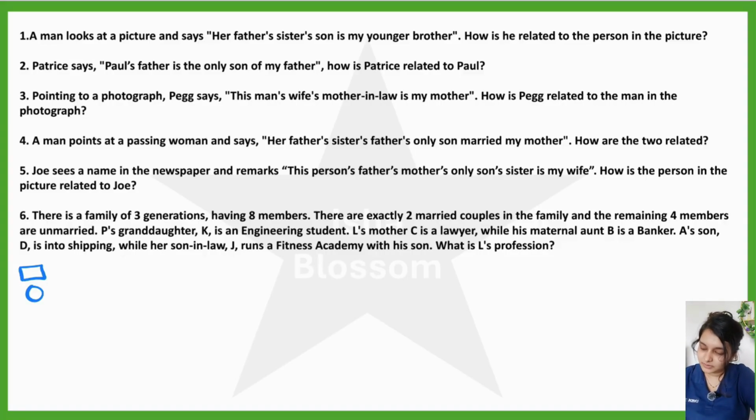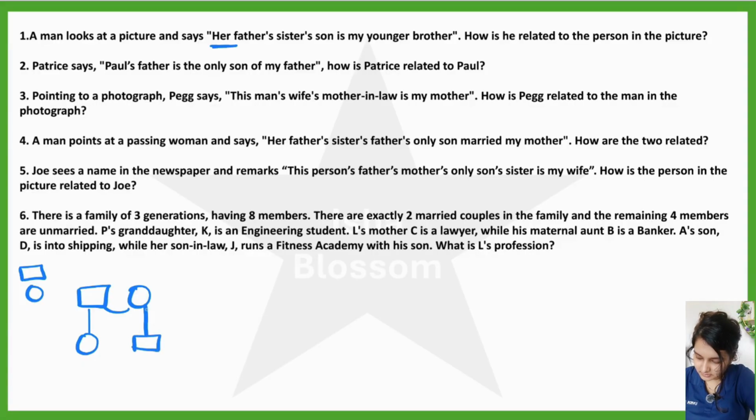Okay. So, if you look at the first one, a man looks at a picture. So, he's looking at a picture of a girl because it says her father's sister. So, let's say this is a girl, her father's sister, sister's son. Okay, sister's son is my younger brother.